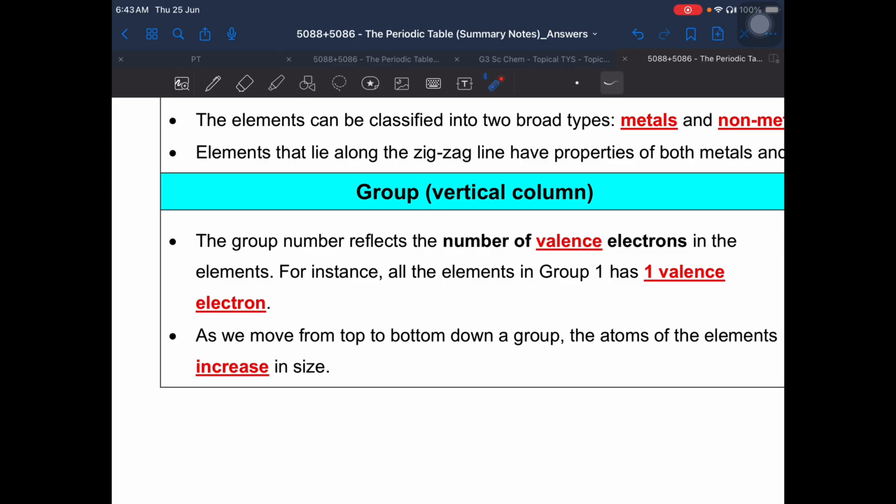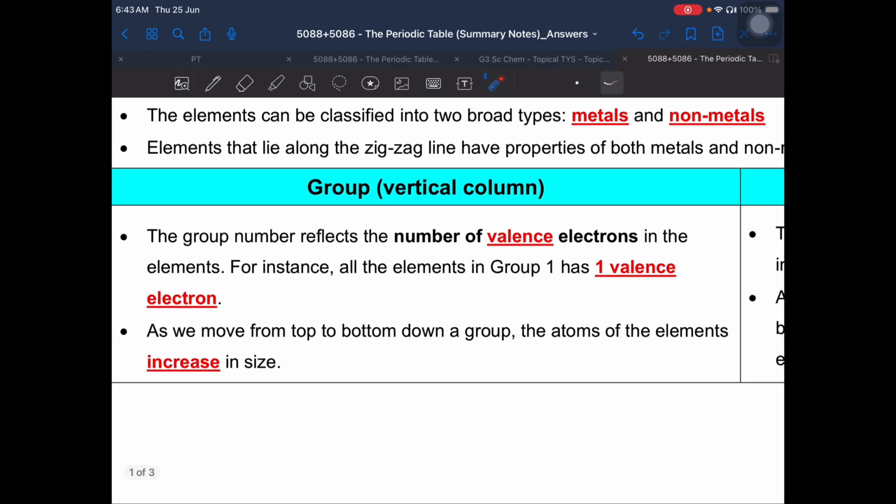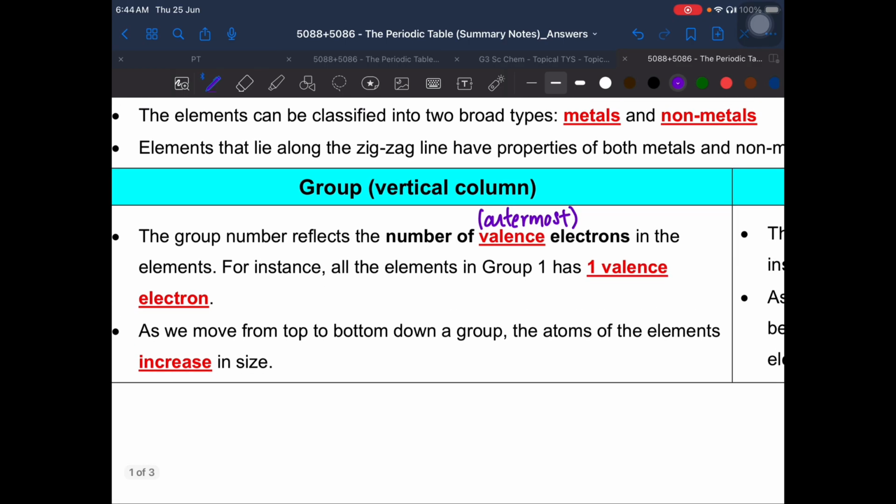In the group, which is the vertical column, the group number actually reflects the number of what we call valence electrons. Now, valence, in case you have forgotten, means the outermost electrons, right? And therefore, what we mean is that if the element is in group 1, you will have one valence electron. And as we move from top to bottom down the group, we know that the atoms actually become bigger in size. So let's take, for example, group 1.